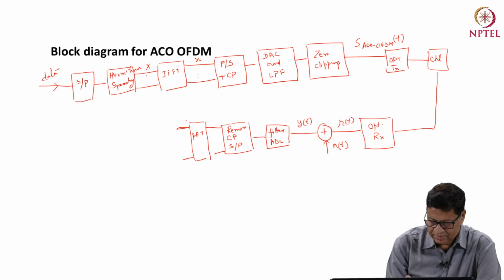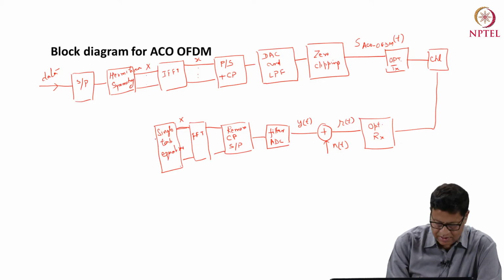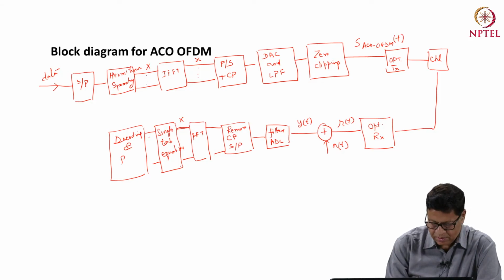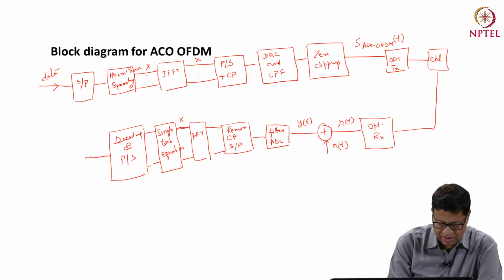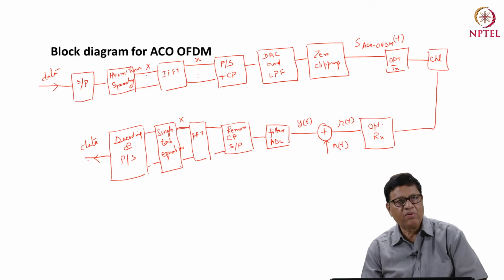You get the X here, and then this is a single tap equalizer for each one of them, and then you do the decoding and convert all the parallel signals into a serial, and what you get is your data back. So this is the complete diagram of ACO-OFDM.